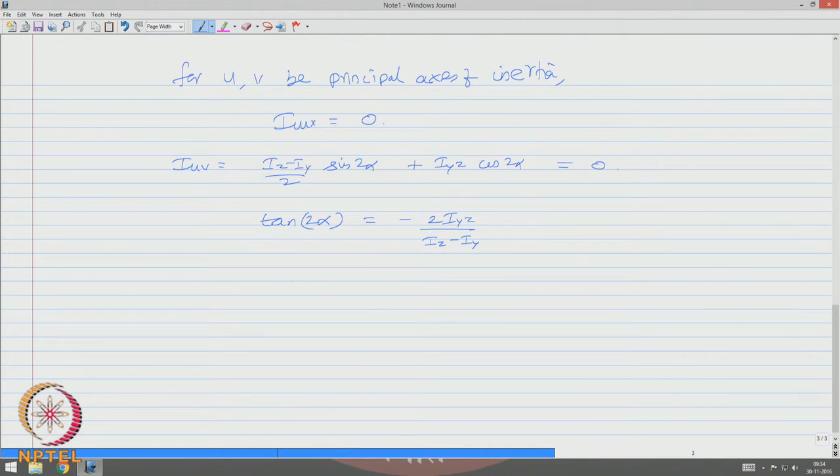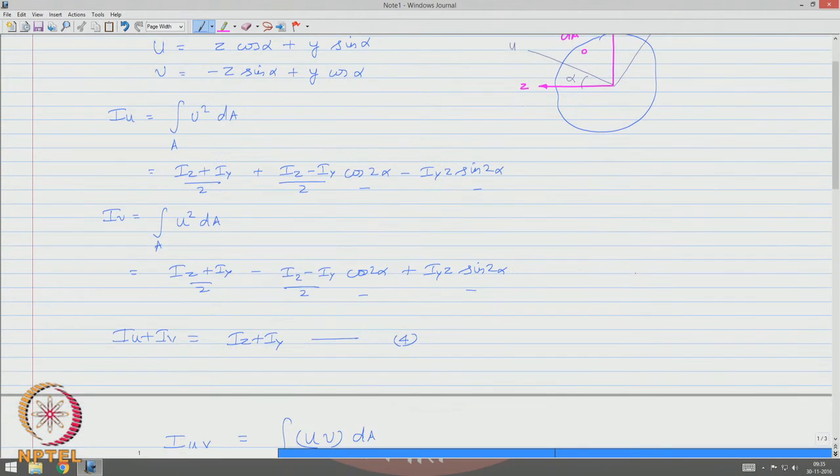For our clarity, we call this alpha 1. So, alpha 1 is the inclination of the positive u axis with respect to the z axis, which is also positive. So, let us go back to this figure and mark alpha. Alpha is once again explained.